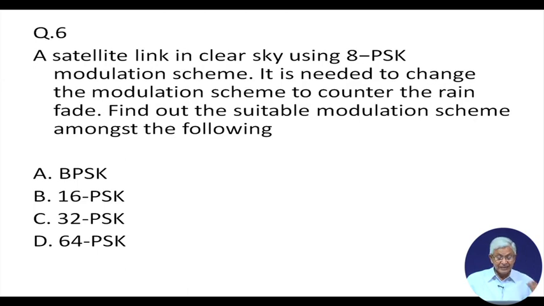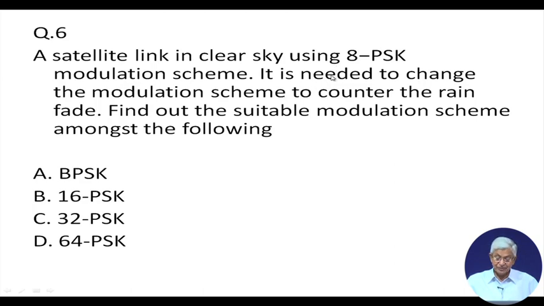A satellite link in clear sky is using 8 phase PSK modulation scheme. It is needed to change the modulation scheme to counter the rain fade. So, when rain occurs, there will be fade, and by adaptive modulation and adaptive coding you can get certain advantage, if you remember we discussed in the class.